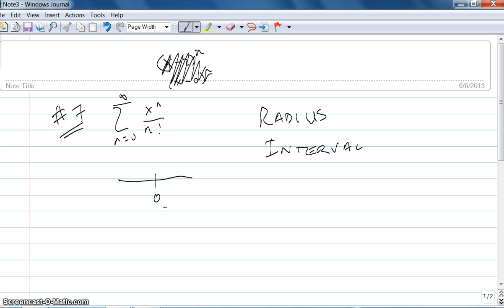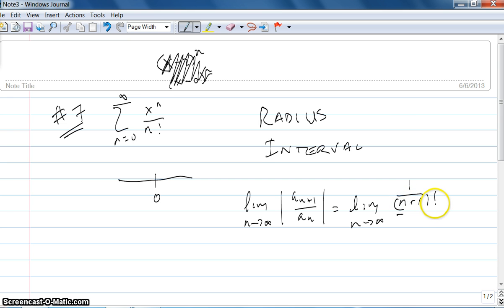What I want to do now is find the radius, so I focus in on the 1 over n factorial part, and I take the limit of a sub n plus 1 over a sub n. That's equal to the limit as n goes to infinity of 1 over n plus 1 factorial over 1 over n factorial. That's the same as n factorial over n plus 1 factorial.